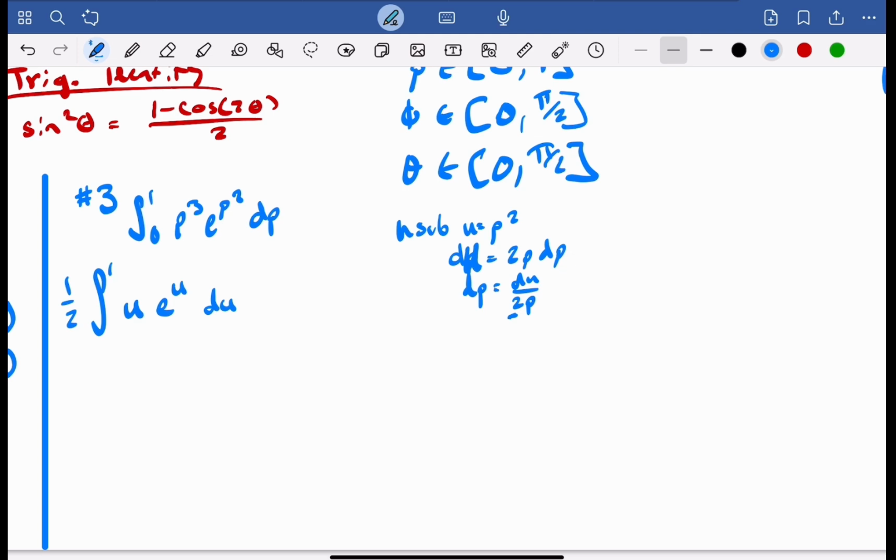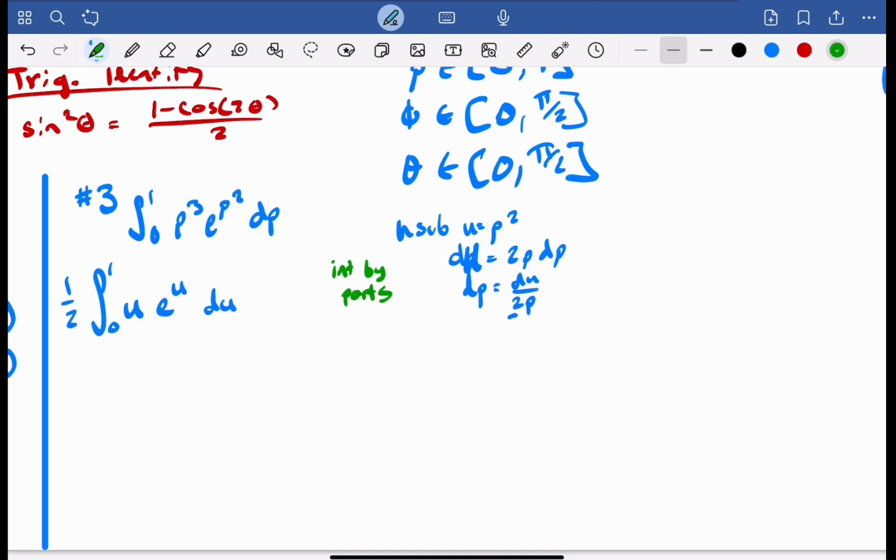So, our bounds are going to stay the same, because if you were to plug in 1 and 0 into this equation here, you're going to get the same values. So that's very nice. Now, how we can integrate this is we're going to have to do integration by parts, because it is a bit complex of a setup there.